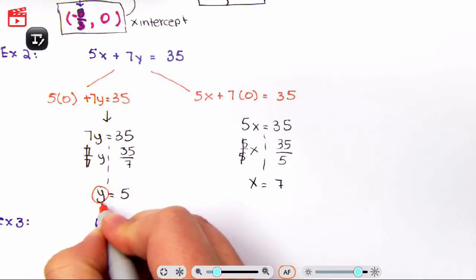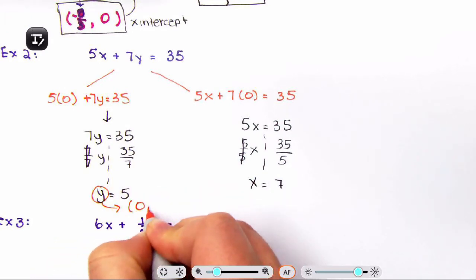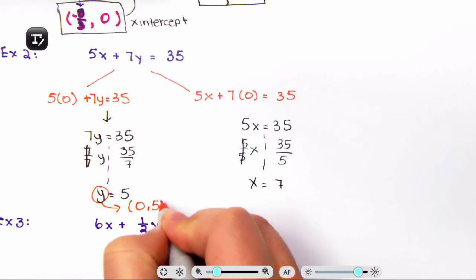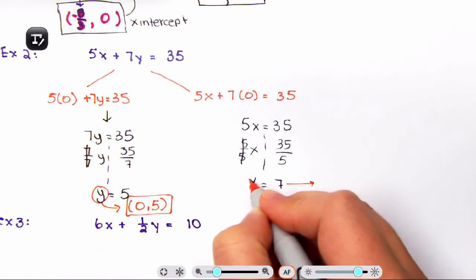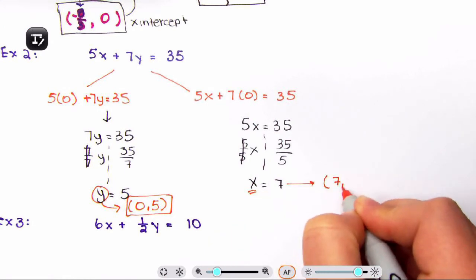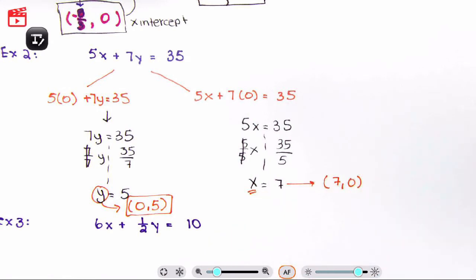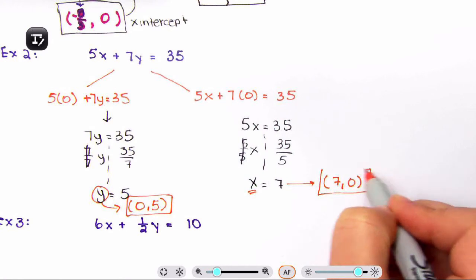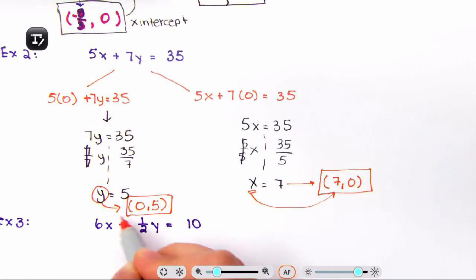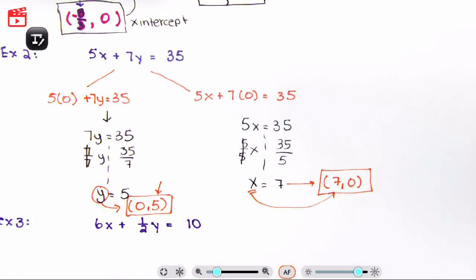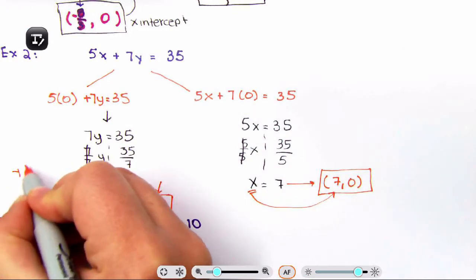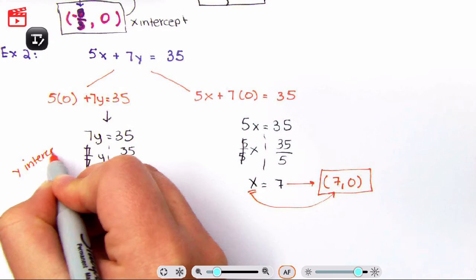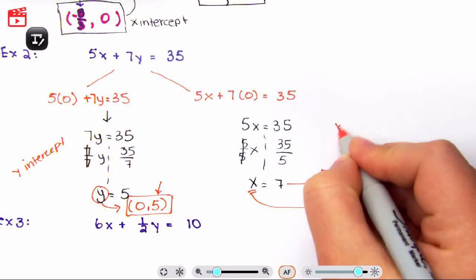This is y. So that means we have the y-intercept. X is going to be 0. This right here is x. So that means I have an x-intercept and y is going to be 0. So be careful. This is x. This is y. So this one here, we have a y, so that means this one is our y-intercept. This one here is our x-intercept.